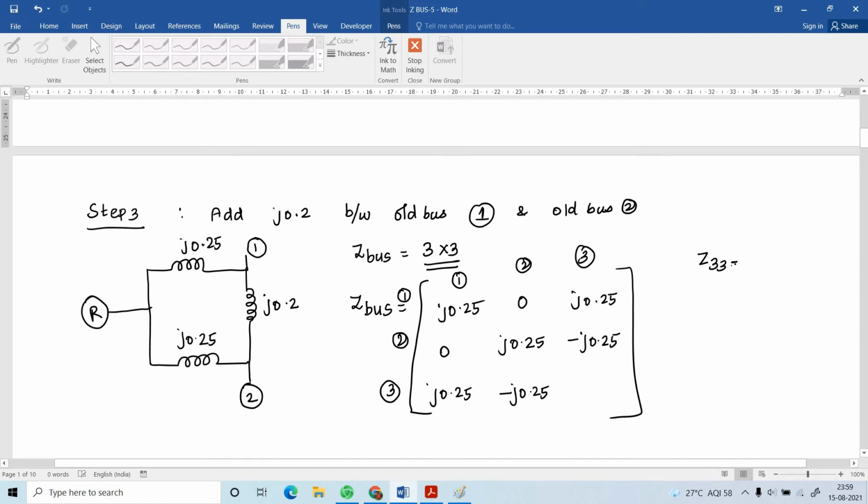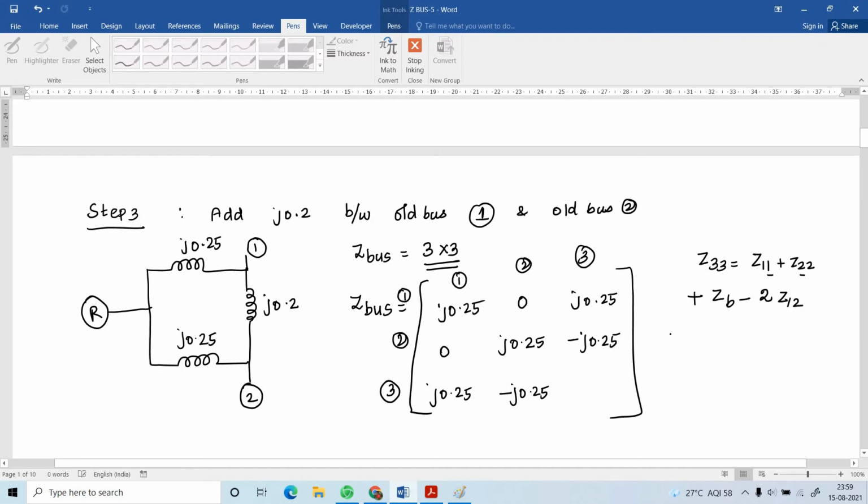I am going to find out Z33. How to find Z33? This is a very simple way to remember Z33. See, 1 and 2 are connected? No. So how do you write it? Z11 first. Then plus Z22. Then plus ZB. ZB means the impedance connected between 1 and 2. Next, minus 2 into Z12. That's all.